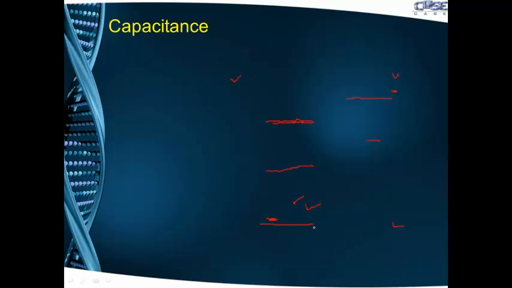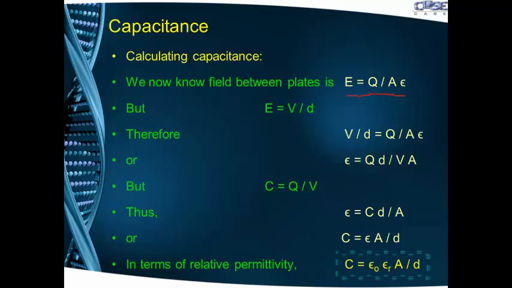So this is the electric field between the plates, but we have seen that E is also given by V by D, so V by D would be equal to Q over A into epsilon.